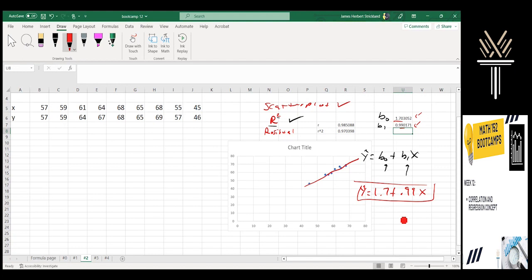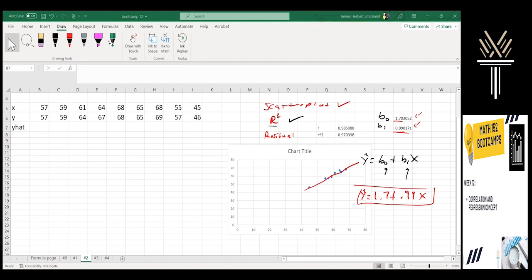So the first number, and then the second one goes there. And so let's actually get our predictions. We'd want y hat, and we have equals. Let's make that font nice and large for everybody.